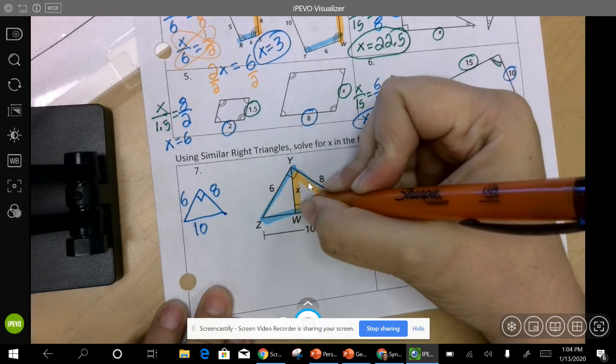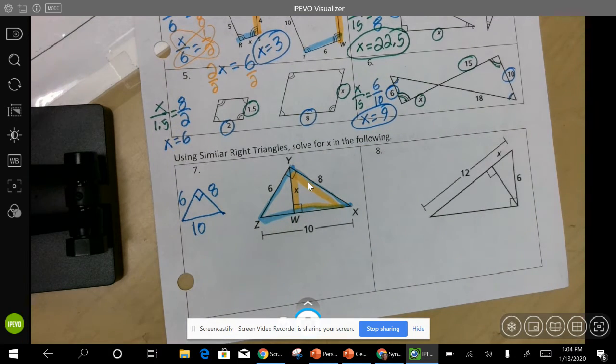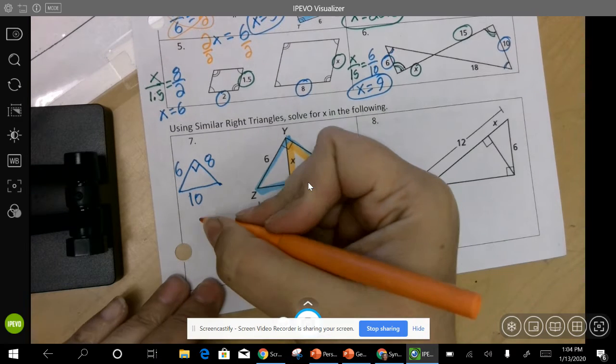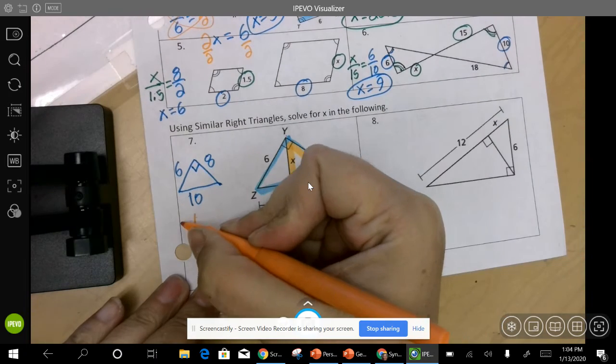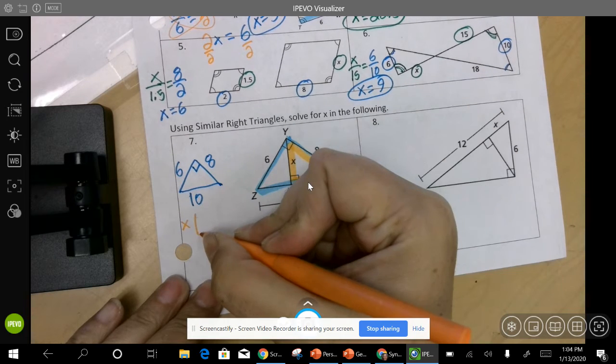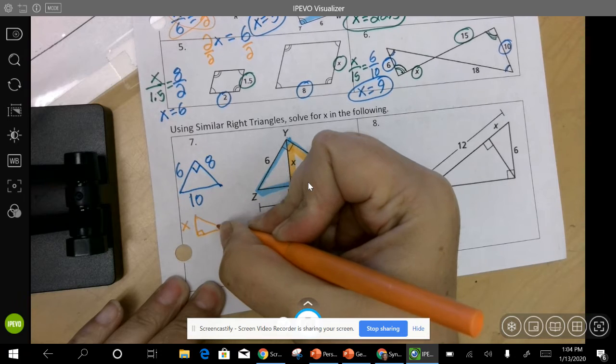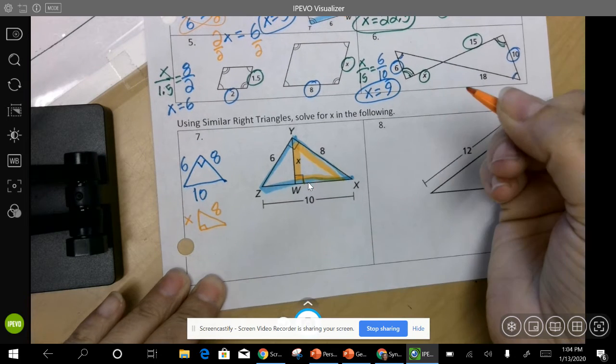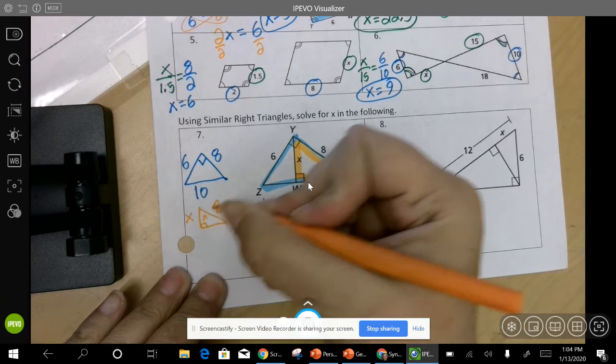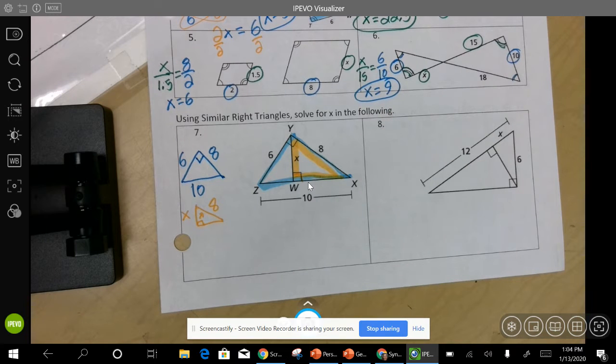So our medium triangle, I have x, right angle right there, and 8. Okay, so 8 is our hypotenuse, and x is our medium side. So now I can use that, everybody, to set it up.